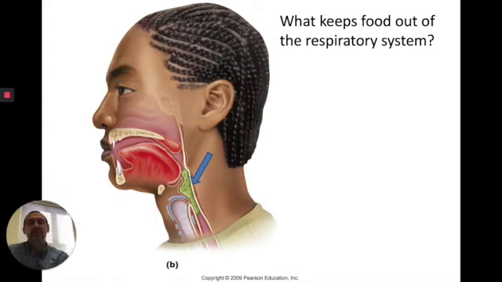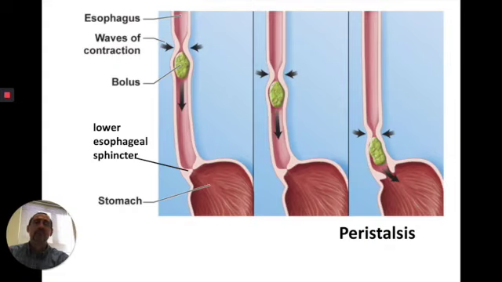Whenever we swallow food, we have some things that keep the food out of the respiratory system. We have what hangs down the back of our throat, the uvula, that keeps it from our nasal cavity. And we have the epiglottis, which keeps the food from going down the trachea. When food goes down the esophagus, we don't control it anymore.